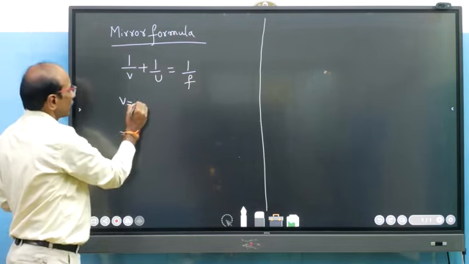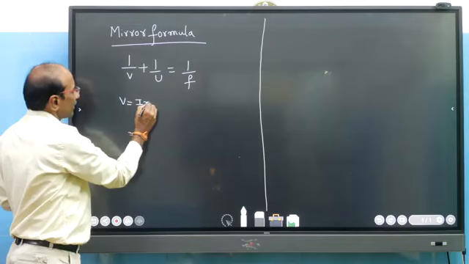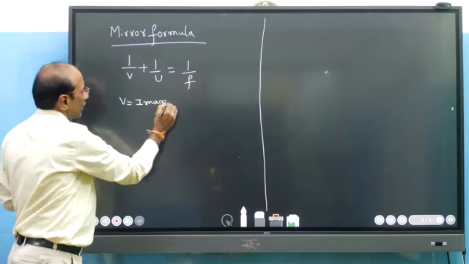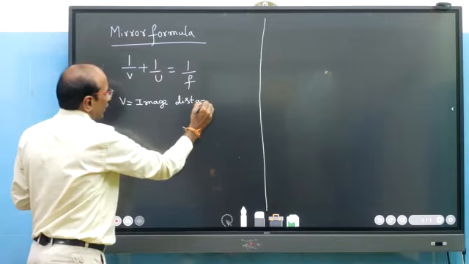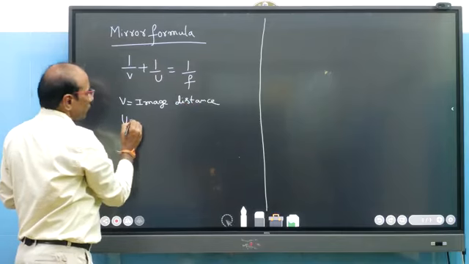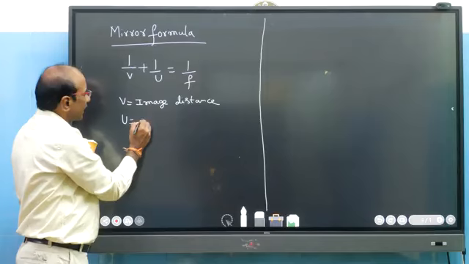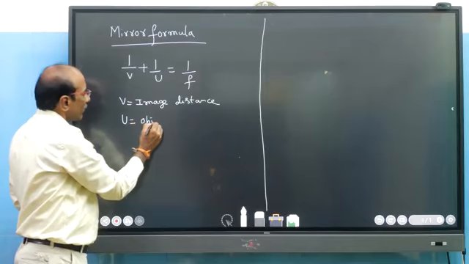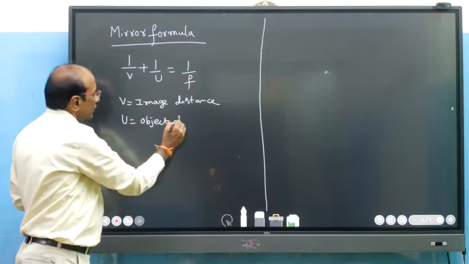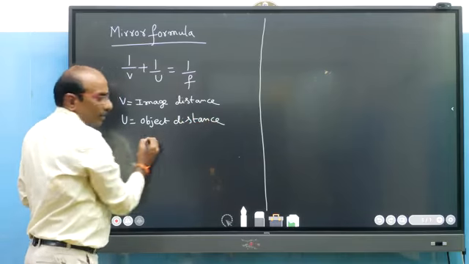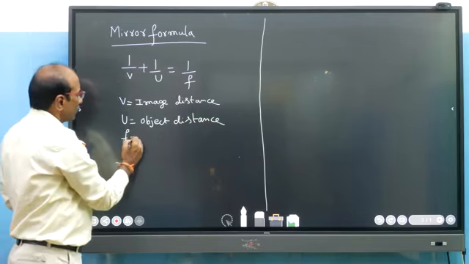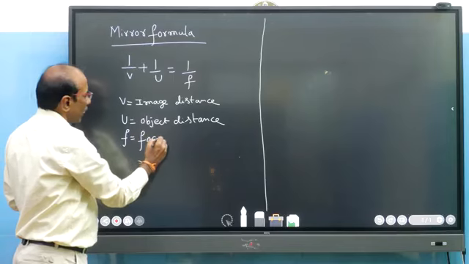Here v equals the image distance, u equals the object distance, and f equals the focal length.